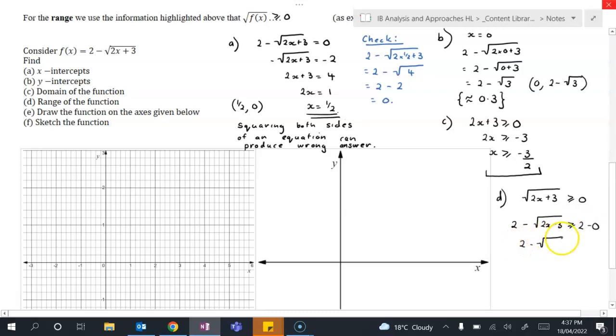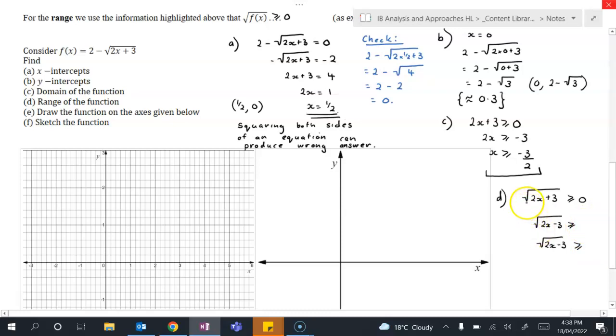So 2 take the square root of 2x plus 3 has to be greater than or equal to 2. Now, what I've actually done is I've not respected the fact that I'm bringing in this negative here. So I'm going to take this out, and that's a good learning opportunity for everybody.